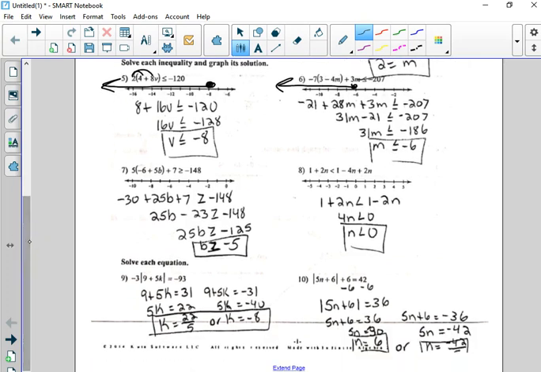Number 7, greater than or equal to negative 5, so negative 5 is going to be right here, greater than or equal is this direction. And less than 0, that's an open dot going that direction.